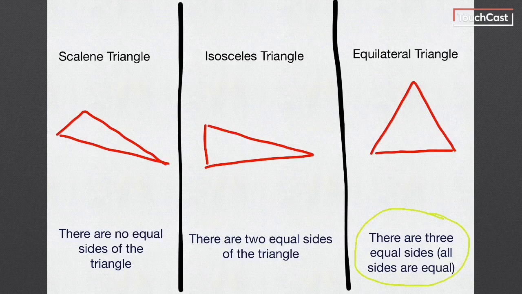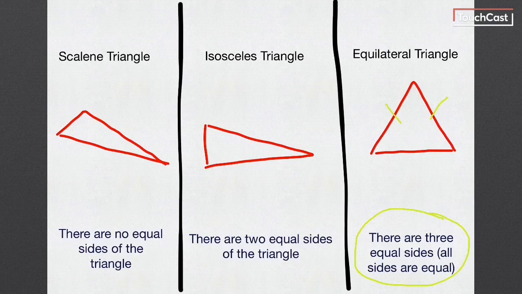That means that all of the sides are congruent. Congruent means that those sides are the same length. So all of these lines, I make little hash marks at all of them. All of these lines are equal. They are congruent. It's a perfect length on every side. They are exactly lined up.